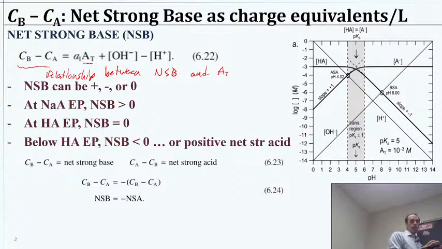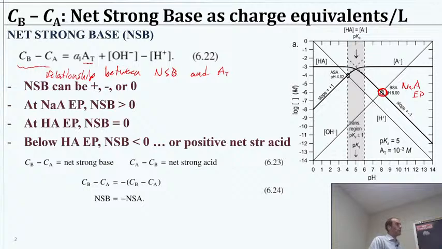Okay, so to go a little further to define this net strong base term, the Cb minus Ca, if we are at the NaA equivalence point, which is over here, if you recall, then our net strong base is positive.